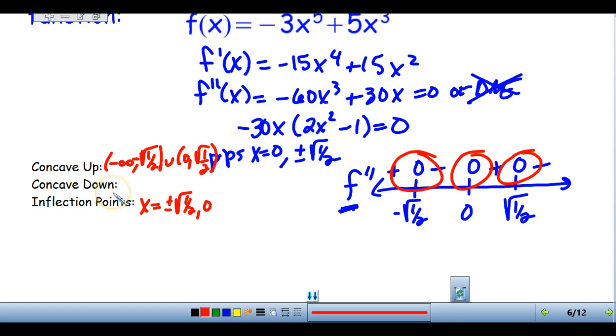Okay, it's concave down between negative square root of 1/2 and 0. And then it's concave down after the square root of 1/2. So running a second derivative test is very similar to running a first derivative test. It's just that the information you're being told is about concavity rather than increasing or decreasing.